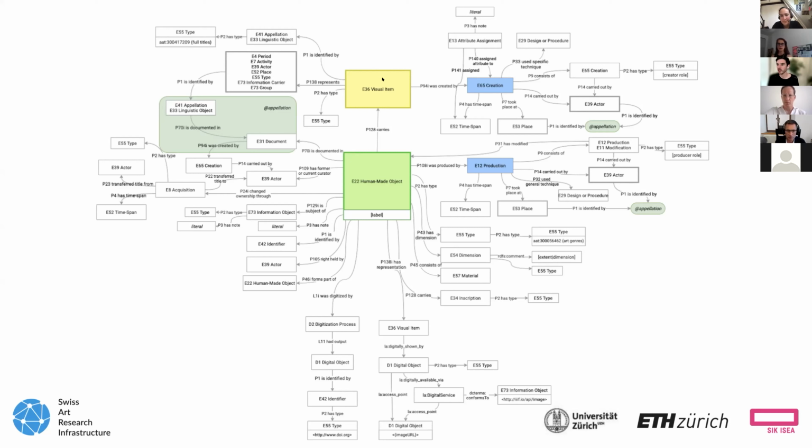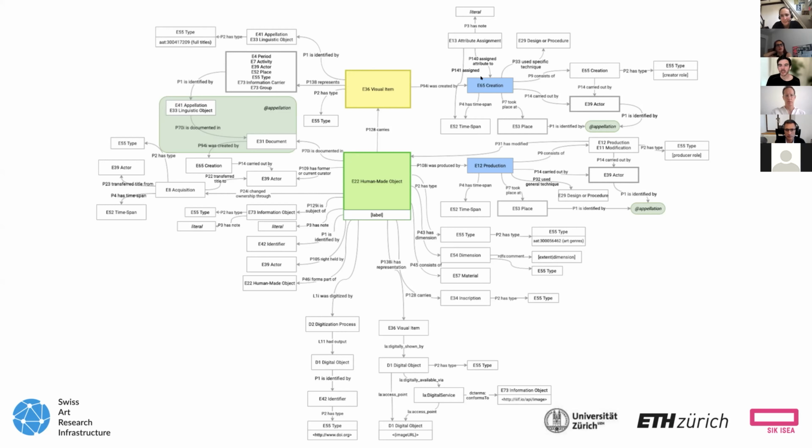So we discriminate the physical from the conceptual artwork. And the conceptual artwork can represent things, for example, places, actors, but also events such as festivities. And this is what we model here.